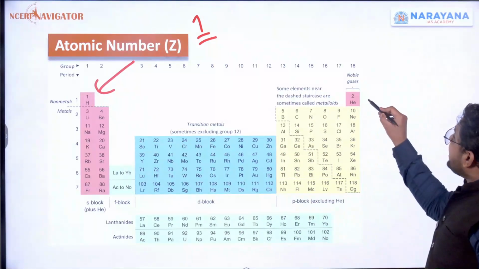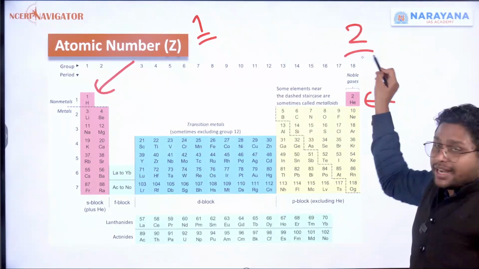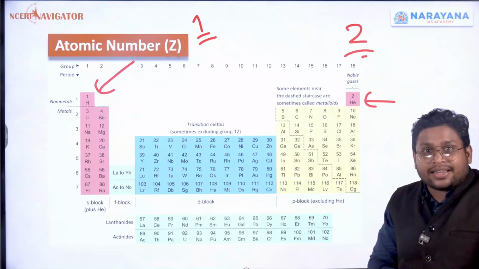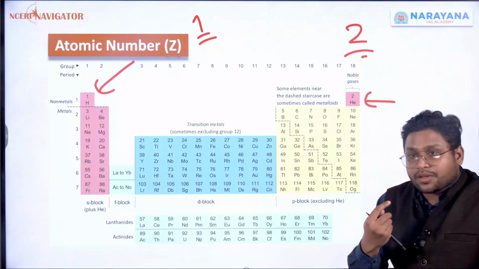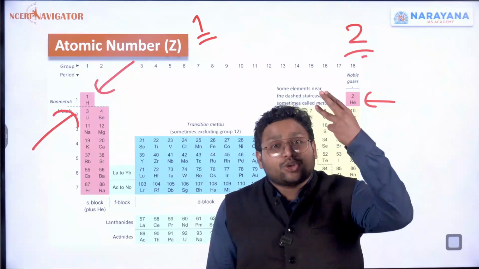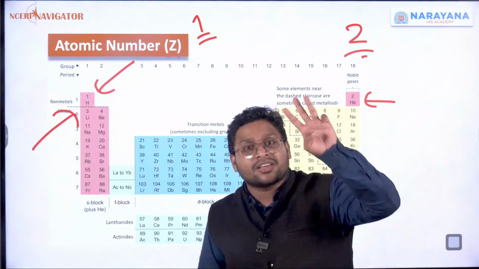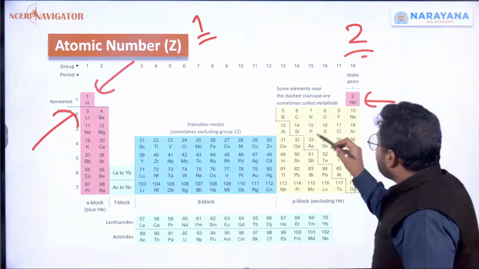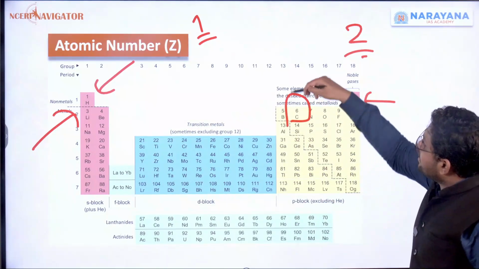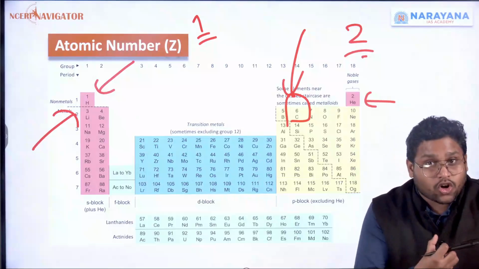Then you have helium over here. Its atomic number is 2. It has only 2 protons, and that's why its atomic number is 2. Here you have lithium. In lithium you have a total of 3 protons. That's why we have put it over here. Its atomic number is 3. Similarly, if you look at carbon, I said it has 6 as atomic number. It has 6 protons.